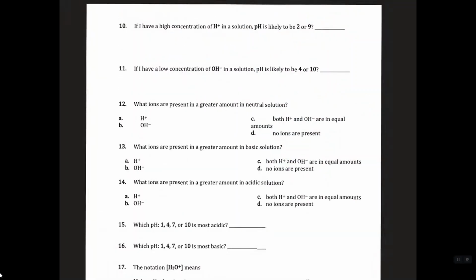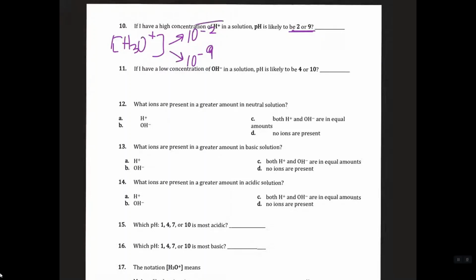If I have high concentration of hydrogen ion in the solution, would the pH likely be 2 or 9? Think about it. So if I have high concentration of this, and I'm choosing between 10 to the negative 2 and 10 to the negative 9, because that's what those pHs are, right? That's my concentration. Which one is a greater concentration?